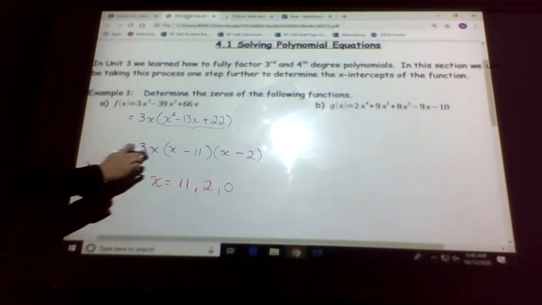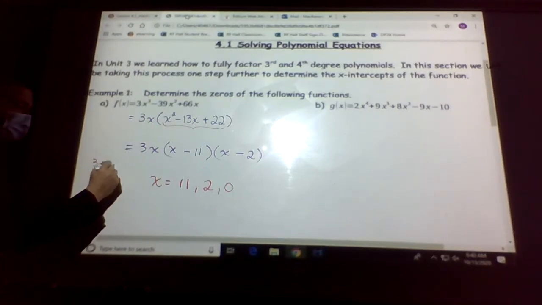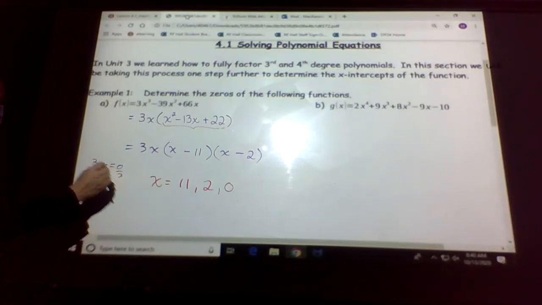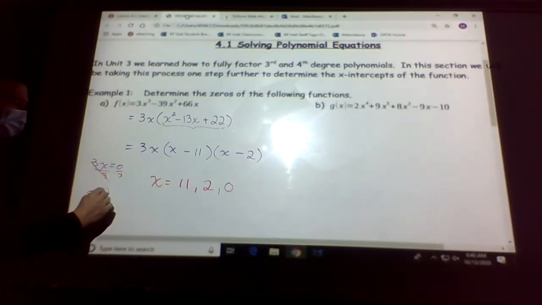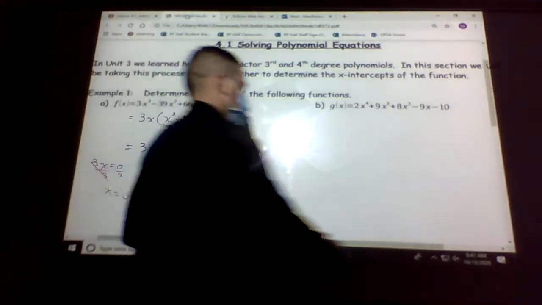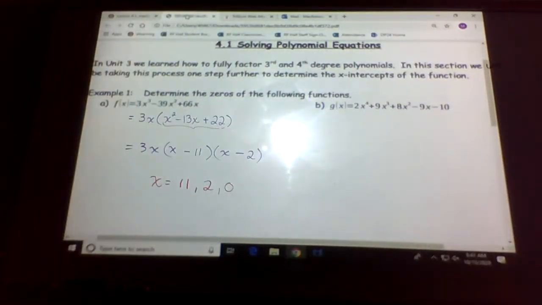Likewise, if you did it for 3x equals 0, then divide by 3, you get x equals 0 divided by 3 is 0. So that's why the x-intercept is 0 for that one. So those are the zeros, 0, 2, and 11. I think tomorrow we get into graphing it afterwards.